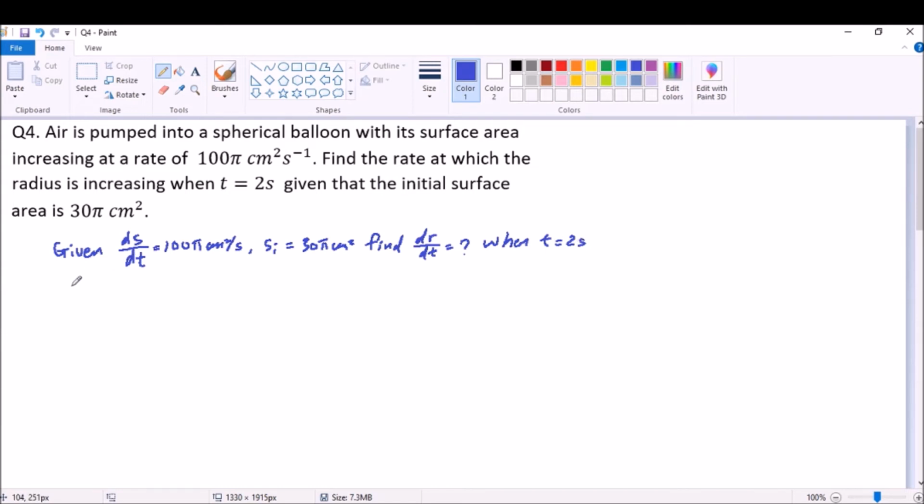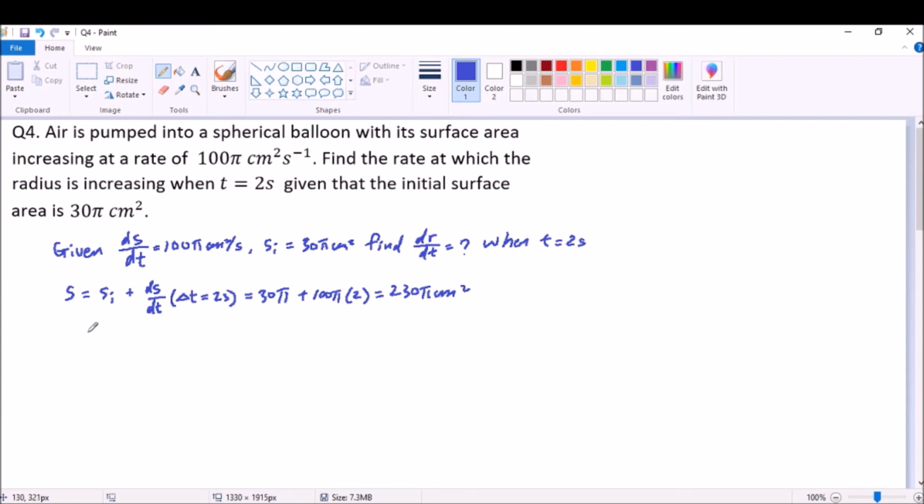First, we solve for the surface area when t equals 2 seconds, which equals the initial surface area plus the rate of increase of the surface area multiplied by delta t of 2 seconds, which is 30 pi plus 100 pi cm squared per second multiplied by 2 seconds, which is 230 pi cm squared.